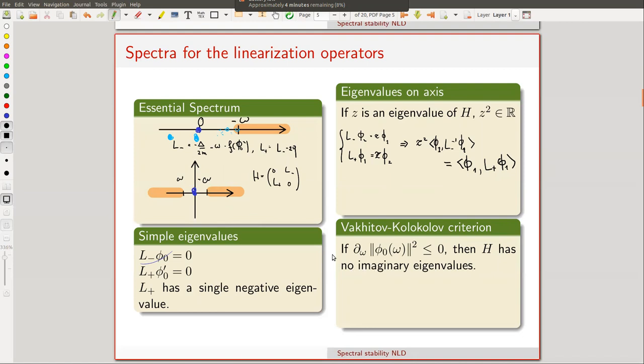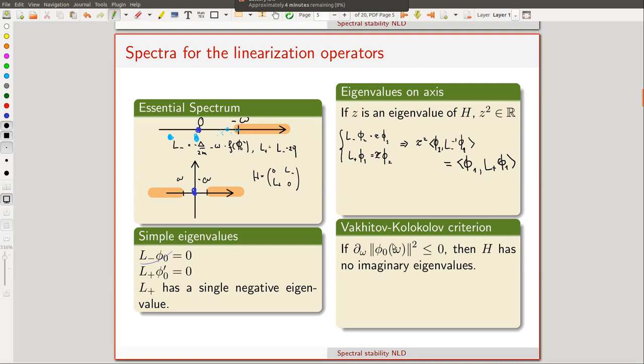And then there was a nice small argument that is apparently based on work by Zakharov. I don't really know the original references, but it's normally called the Vakitov-Kolokolov criterion, especially in the more applied literature. It says that if you take a look at these ground states as a function of omega, and you take their L2 norm, which is sometimes called the charge, so you have a function of omega.